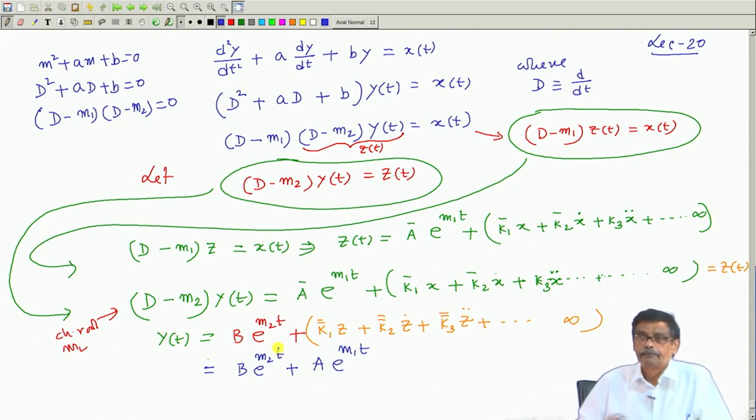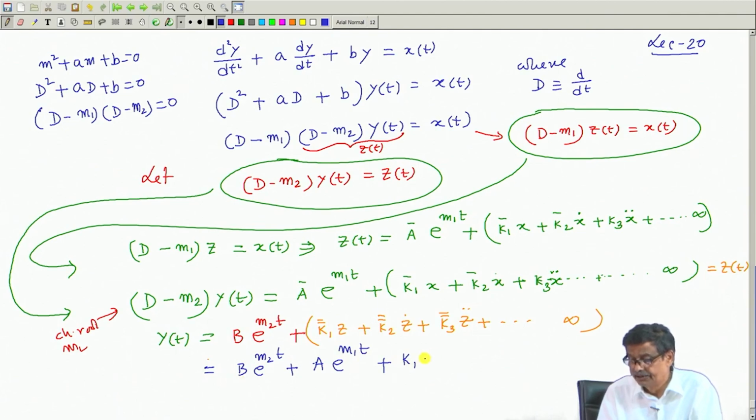What else? Similarly, z will give you x, z dot will not give you any x, whatever it is. When you differentiate this z dot, it will give you x dot. So, all x I will put together and treat it as a constant and it will give you x t.